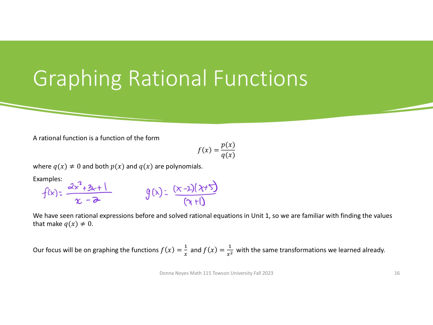We could also have another one, we'll call it h of x here, where we have maybe x plus 3 times 2x minus 1 all over x minus 2 times 3x plus 4. So there's really no limit to how many factors we could have in the numerator or the denominator of our rational functions.